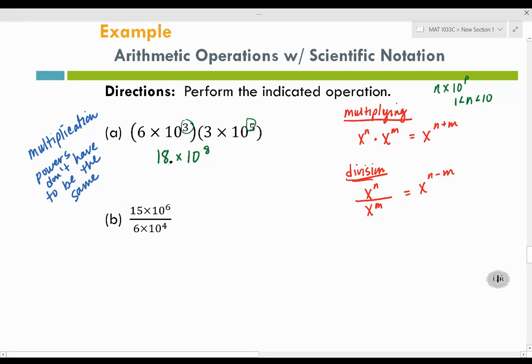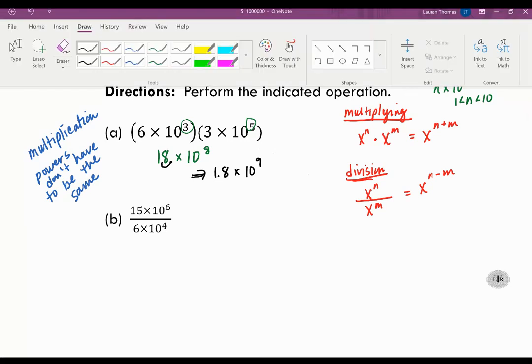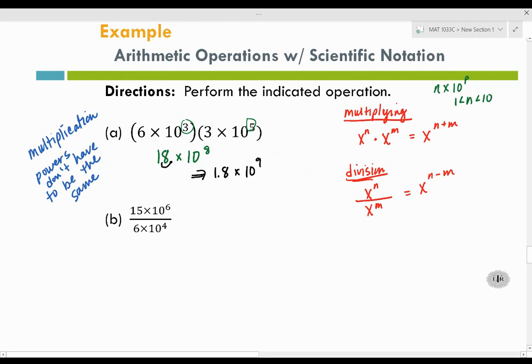So I'm going to move this decimal one place to the left. When I do that, remember, anytime you're moving the decimal to the left, it's like you're adding 1 to the power. So my final answer is 1.8 times 10 to the 9th power, okay? All right, let's try the second one. For the second one, we're doing division, okay?